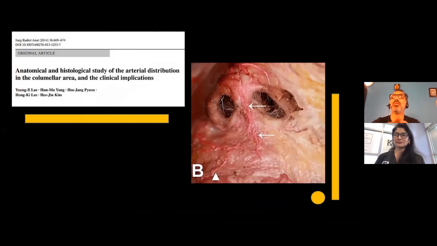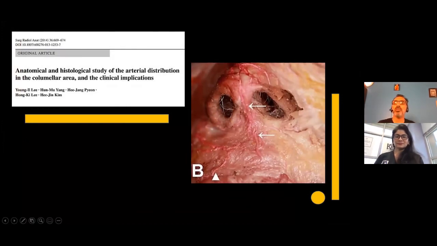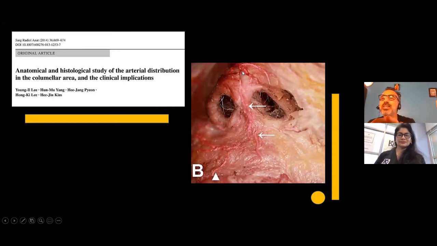If we see the columellar artery, this is an amazing work of Yang Lee in Korea. The columellar artery, a branch of the superior labial artery, is very thin. In almost 30% of the cases, we have two columellar arteries, and here in the tip of the nose they have a huge anastomosis with both lateral nasal arteries.